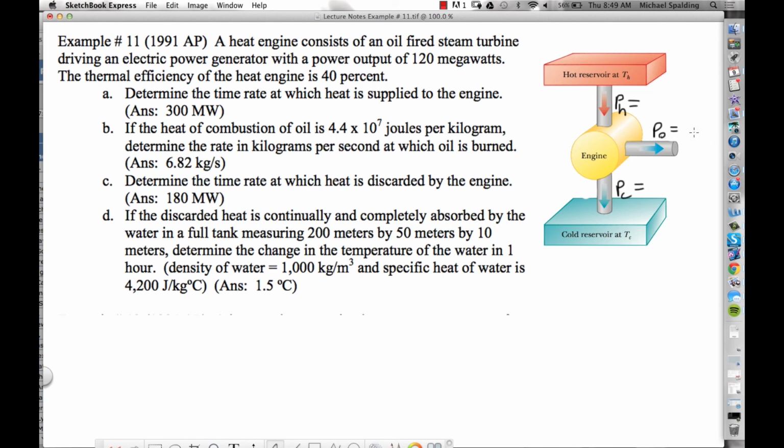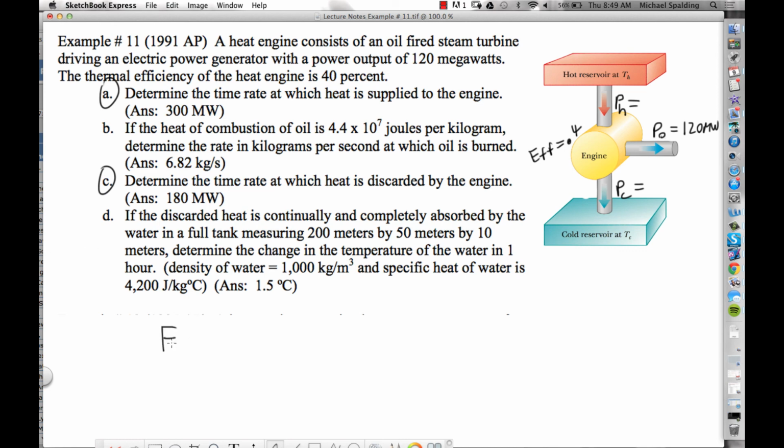All right, what they give us in the problem is the power output is 120 megawatts. And then we're also told that the efficiency of the engine is 40%, which in decimal form is 0.4. So questions A and C we can solve very, very quickly.